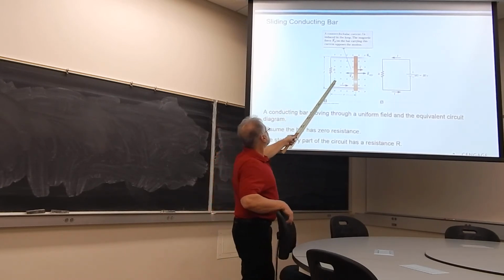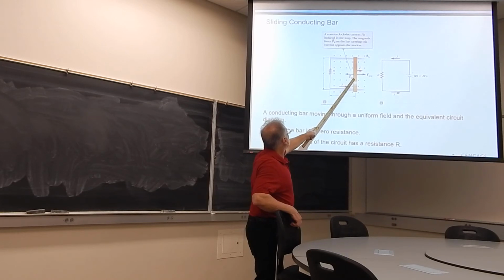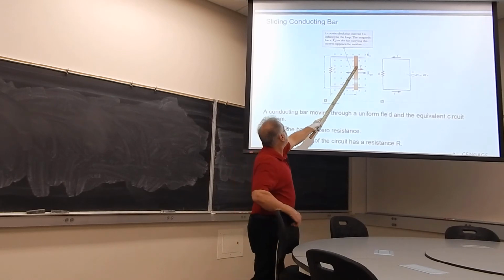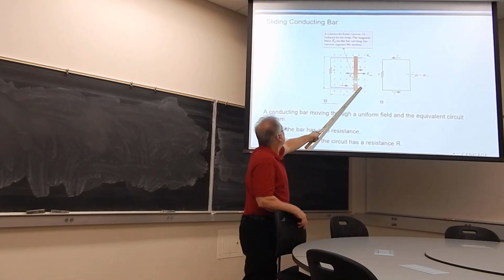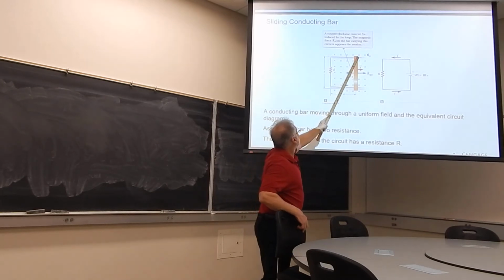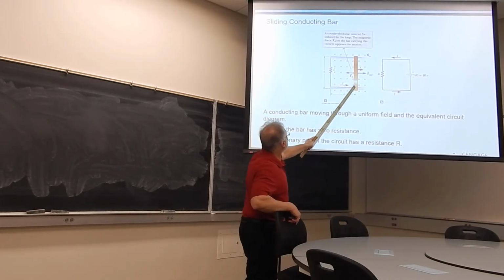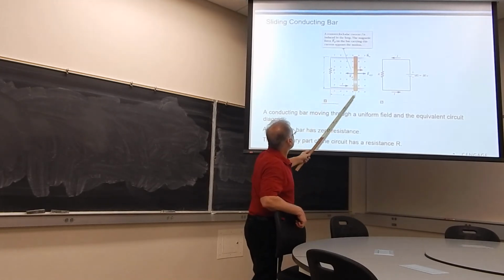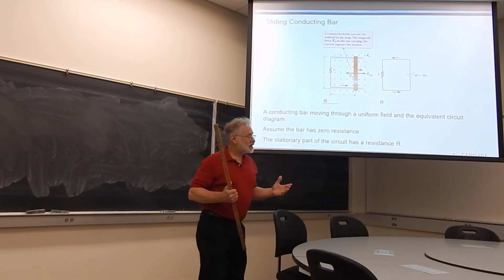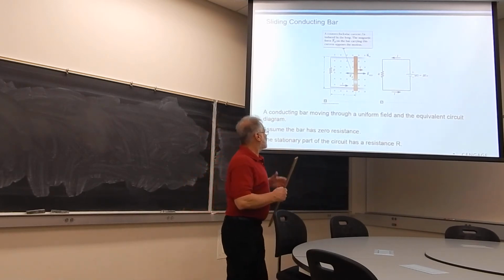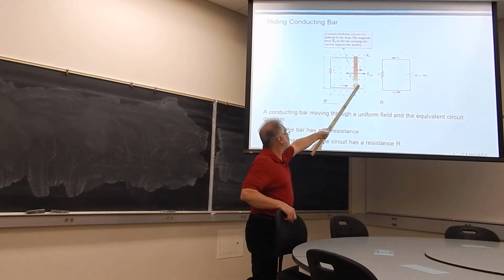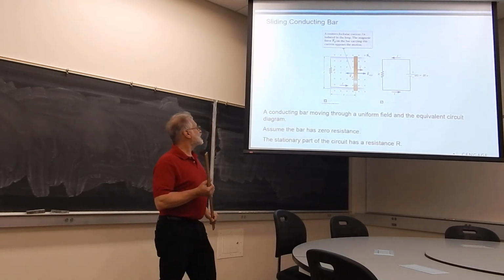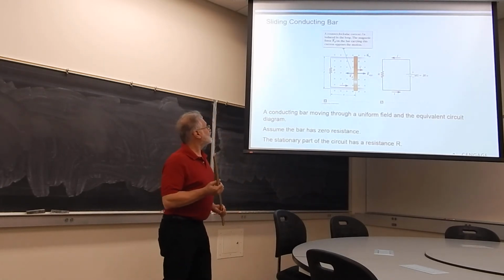What's going to happen is if I slide my conducting bar to the right at some velocity v, that's going to cause an increase in the magnetic flux, because the field is constant, but the area encompassed by the bar and the two rails will be larger. Because the area is increasing, the flux increases, and that change in flux is going to cause an EMF, and thus a current to go through the circuit.